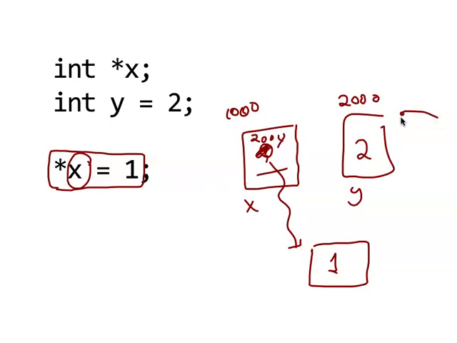And somewhere here you have an important variable at 2004. Maybe this is something important, let's say your age, something like that. And without initializing x to something, you are using the garbage value, which happens to be a valid memory address. And when you do star x equals 1, you follow that pointer, you go to this valid memory address, you change it to 1, unintentionally.